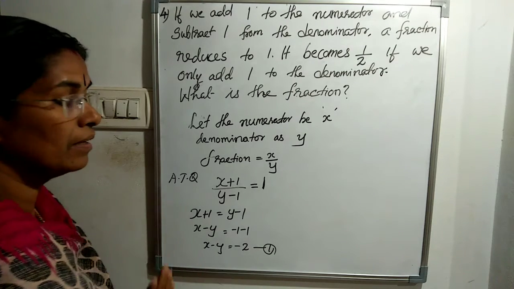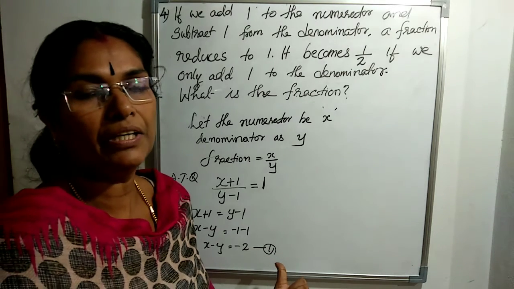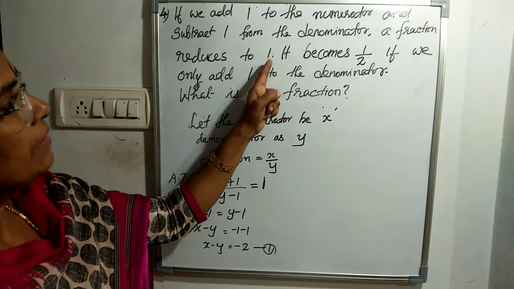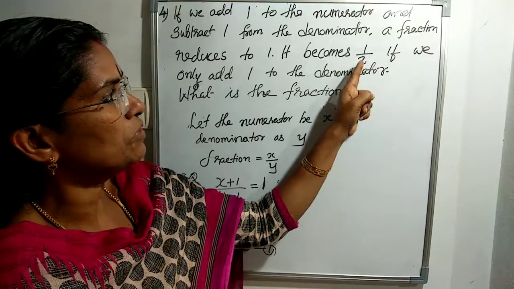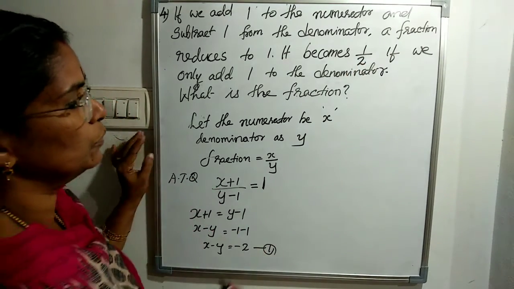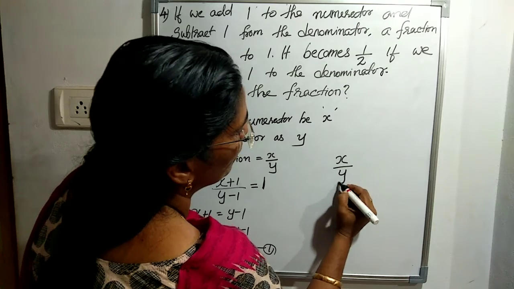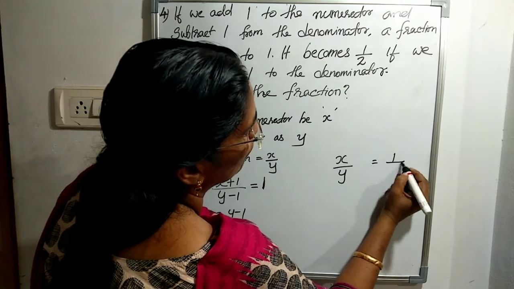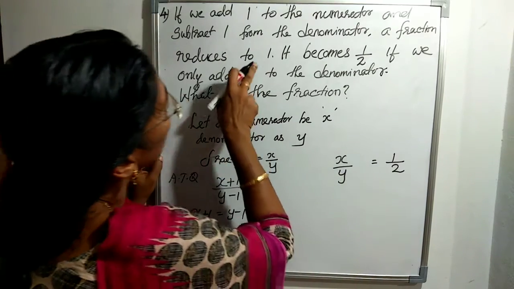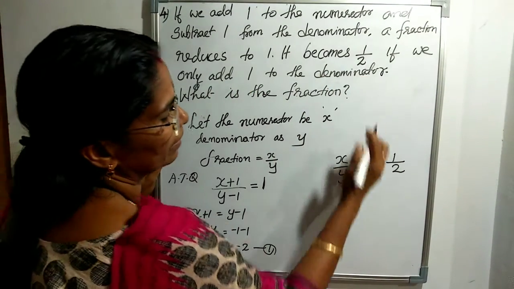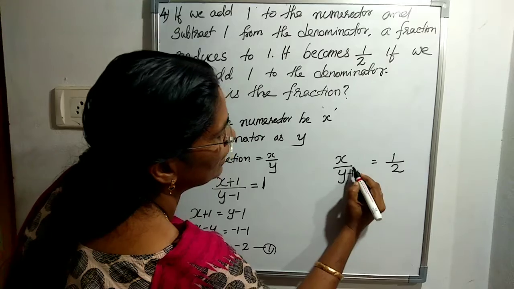First, we made a linear equation in 2 variables. Now one more condition is given: it becomes 1 by 2. It means the fraction becomes 1 by 2. What is the condition? Only add 1 to the denominator.